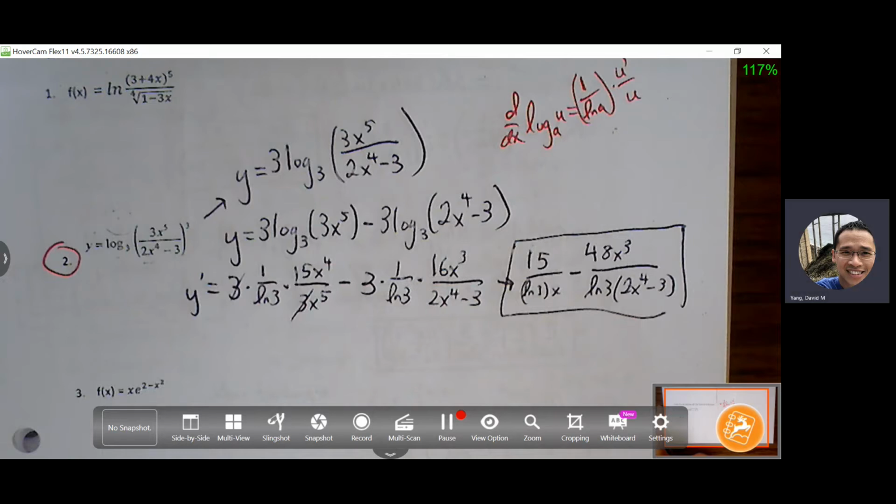You can check the back for the key for number 4.